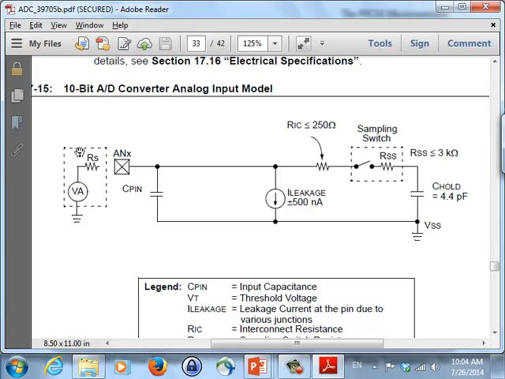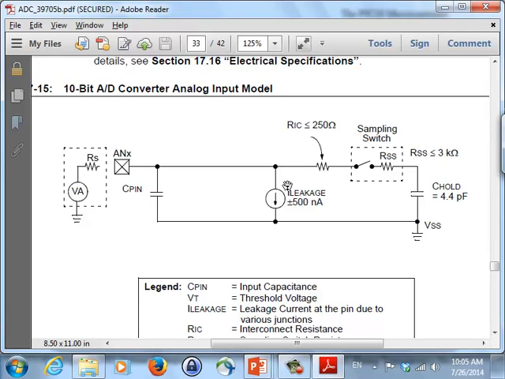So this is your sensor. This is the sensor that you have, which converts, let's say, temperature to a voltage. And it has an intrinsic RS, the resistance of a sensor, and that connects to your AN1 pin, for example, or AN2 pin. Right? Now, there's going to be some capacitance on the chip, the intrinsic pin capacitance.